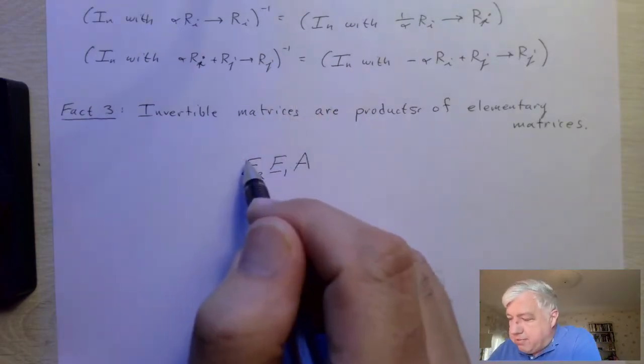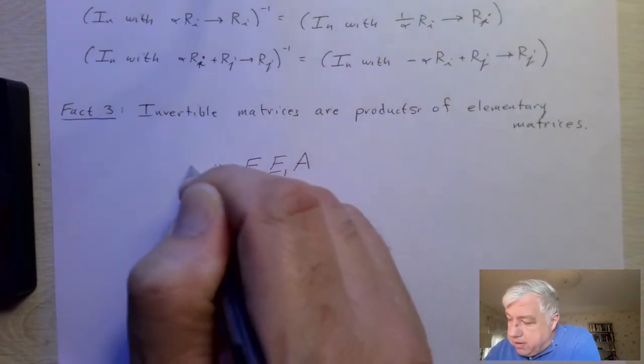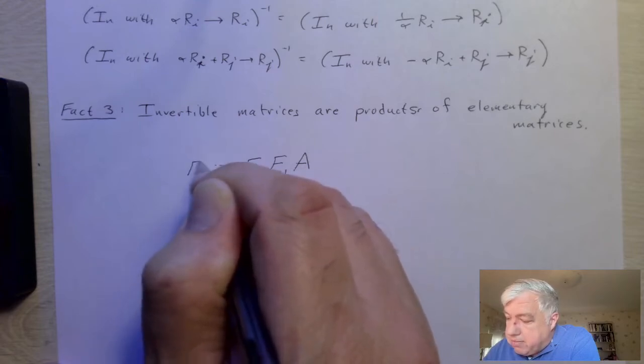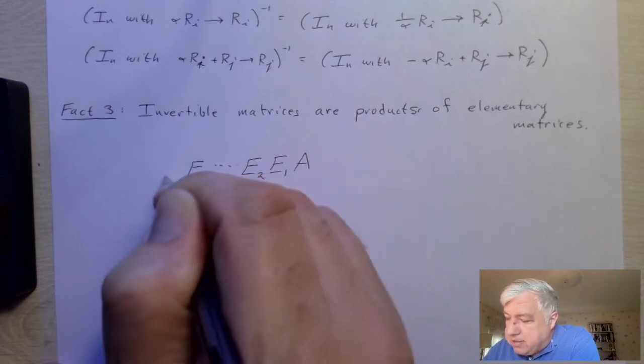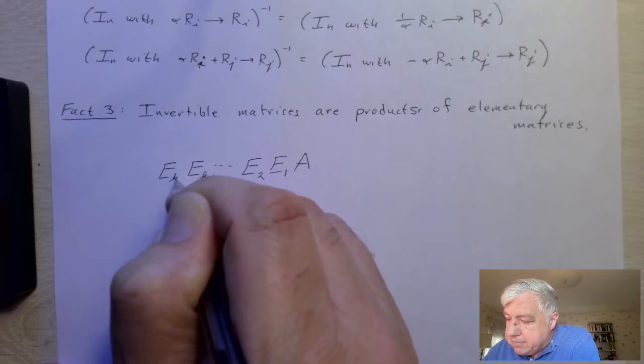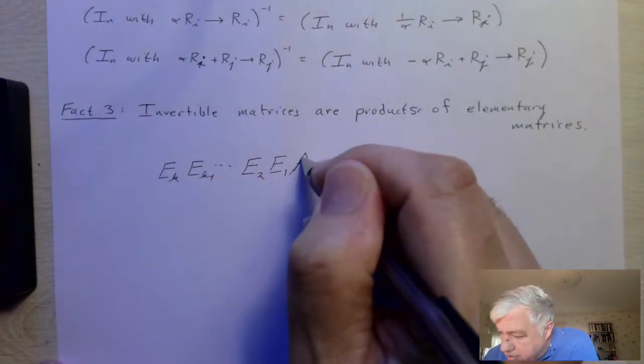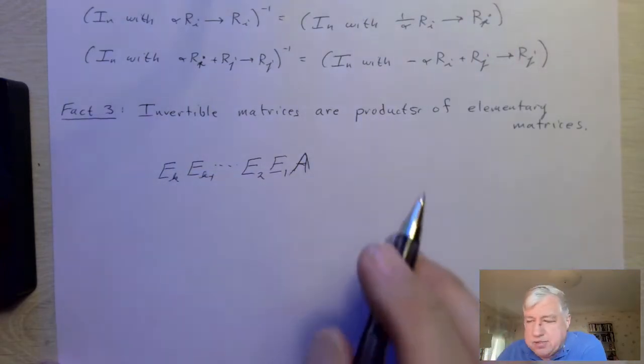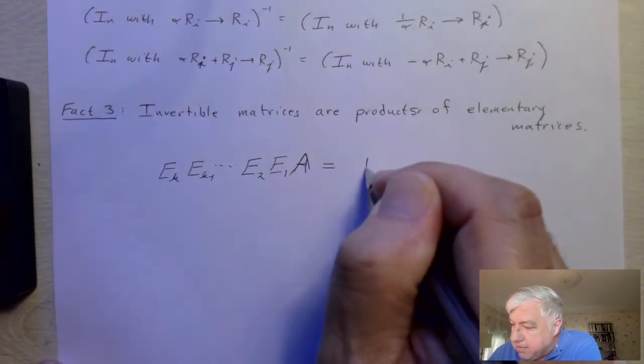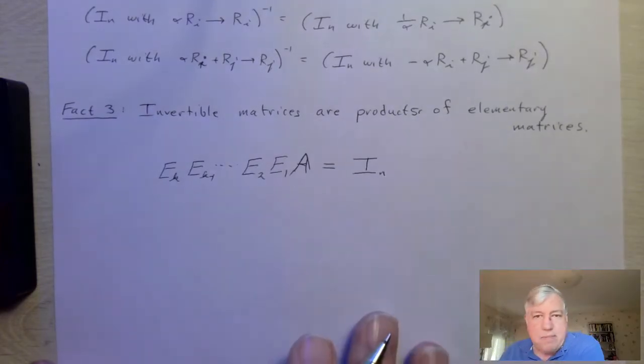And then we have E3 and so on, and eventually we get EK minus 1, and let's say EK. So if we do all this, and if A is invertible, then we should get the identity matrix, right?